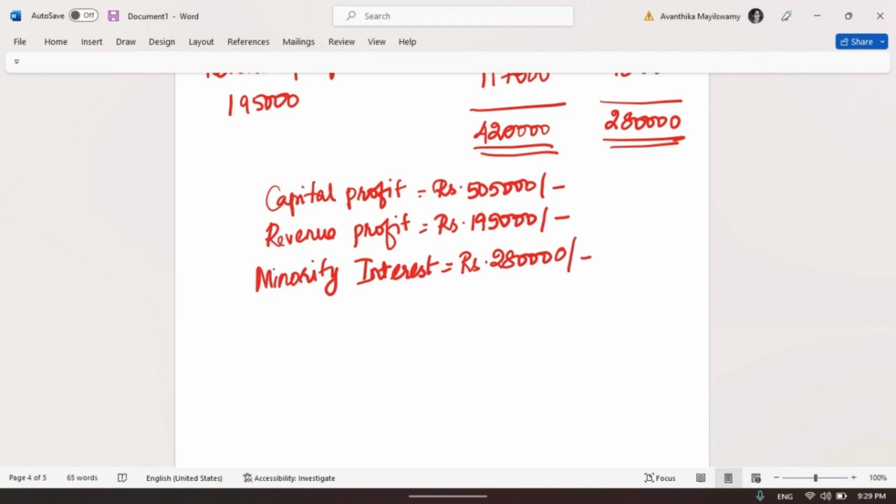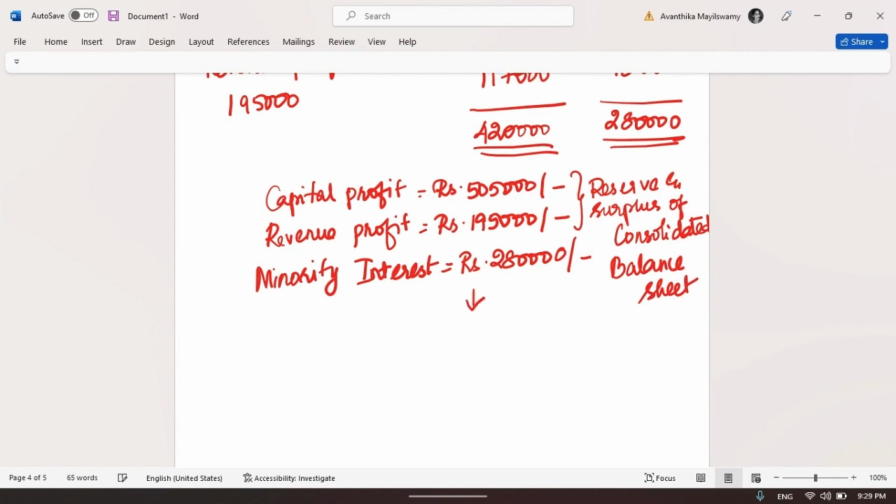Here, the capital profit and revenue profit will be shown on the reserves and surplus side of the consolidated balance sheet. Whereas this particular minority interest will be shown on the liability side separately after recording the reserves and surplus.